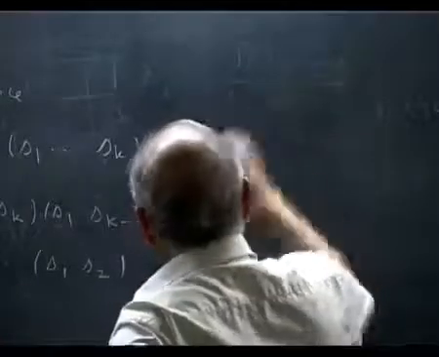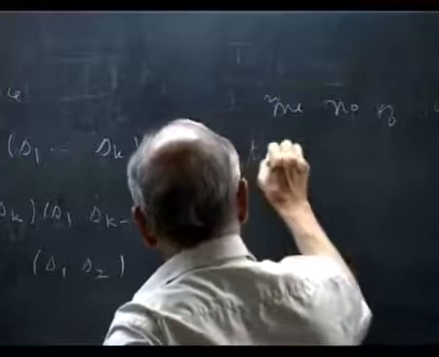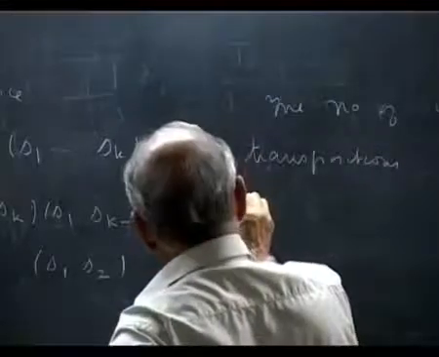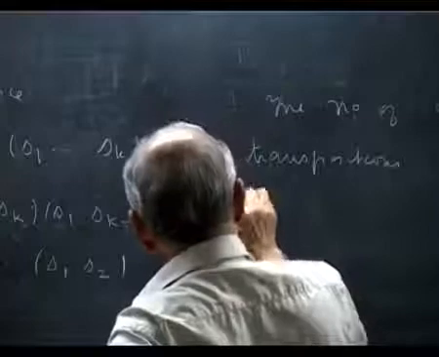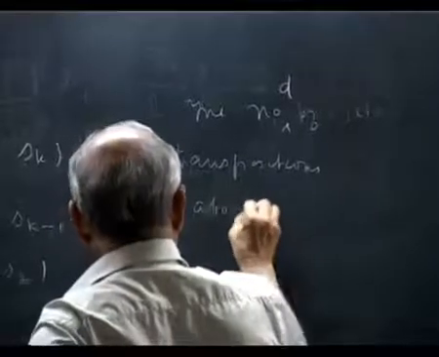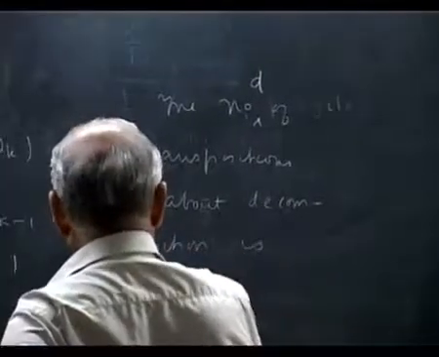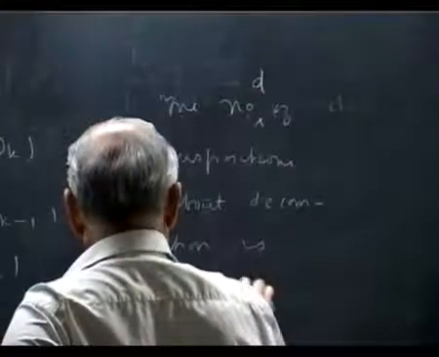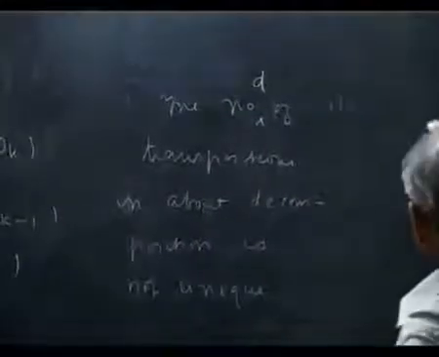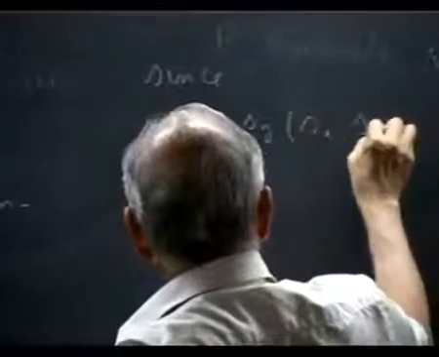The number of transpositions, say D, in the above decomposition is not unique, because the square of a transposition is 1, since clearly S_i S_j squared is identity.